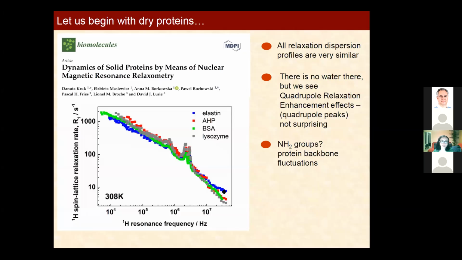Okay, for elastin there is something here, but it is really hard to build a story upon that. In fact, they are almost the same data. One should be aware that we do not see any water here, because in principle there's no water in those samples. So you really see protein dynamics.